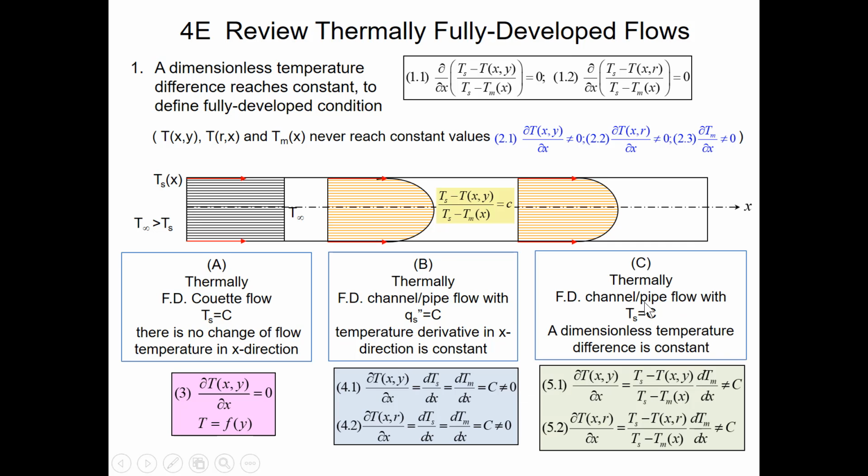For thermally fully developed channel or pipe flow with constant surface temperature boundary condition, the flow temperature derivative in the flow direction is not a constant. This is the mathematical indication for thermally fully developed flows.